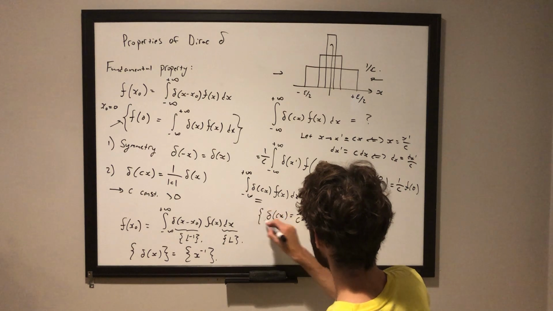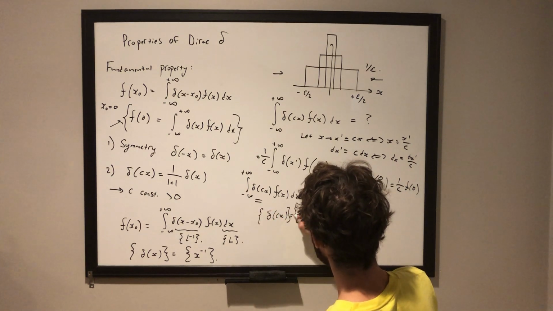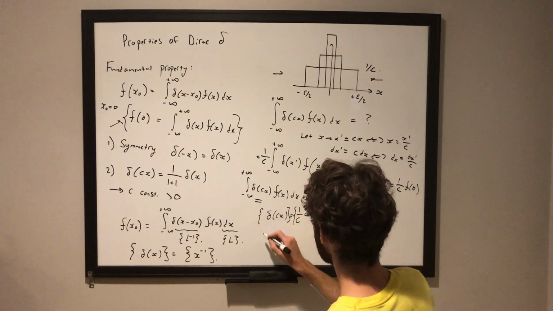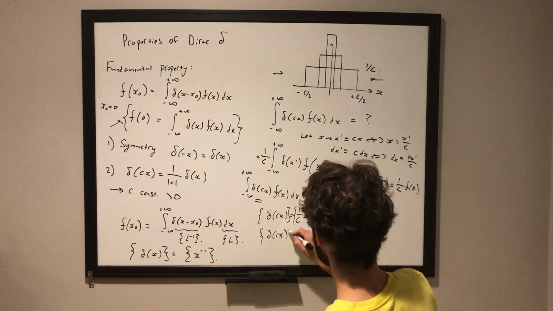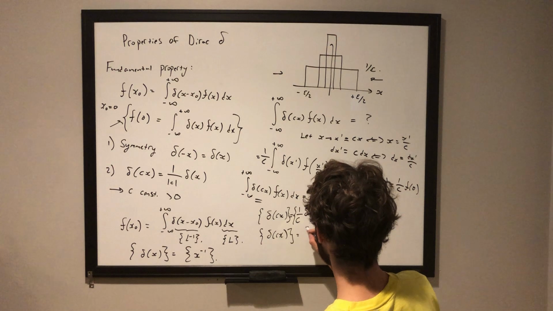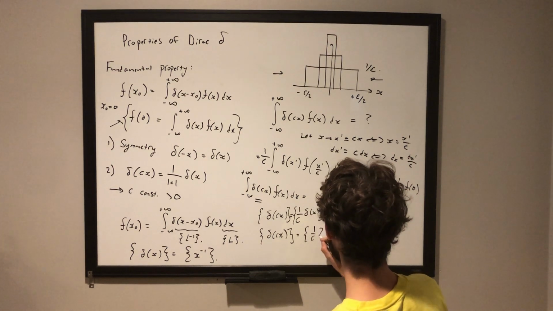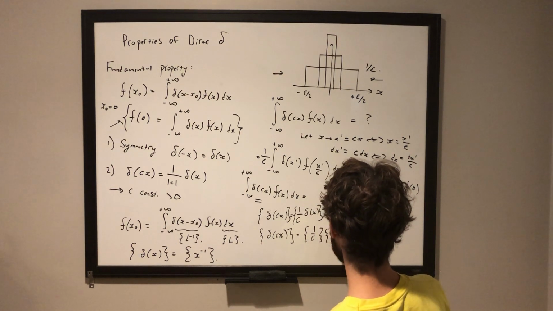Whatever the dimensions on the left have to be equivalent to the dimensions on the right. So the dimensions of delta of cx are equal to dimensions of 1 over c times the dimensions of delta of x.